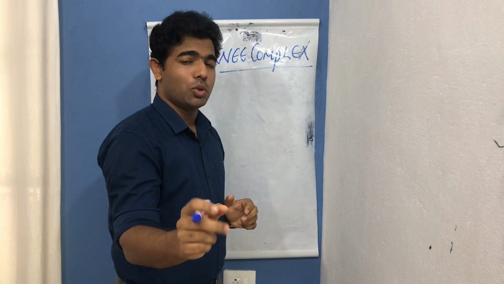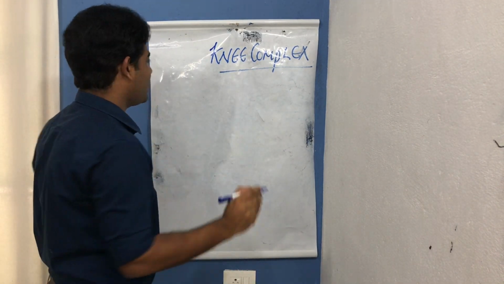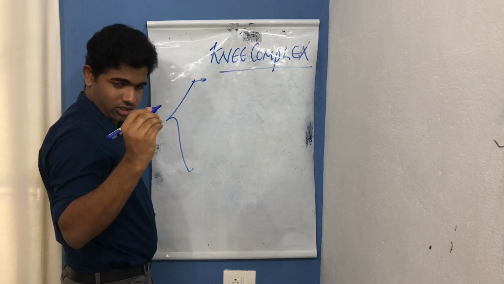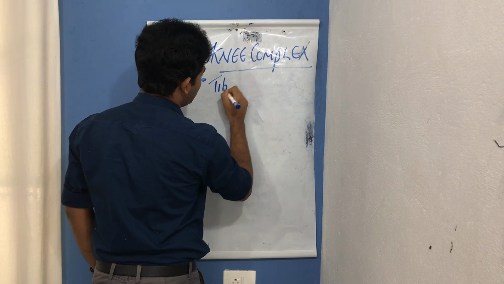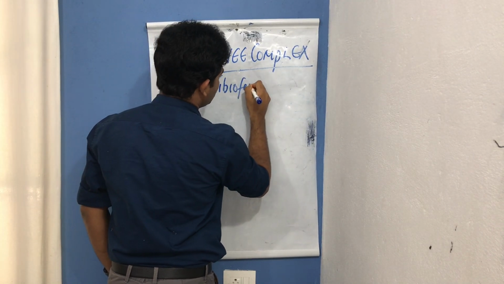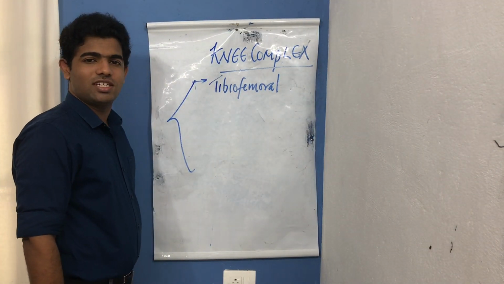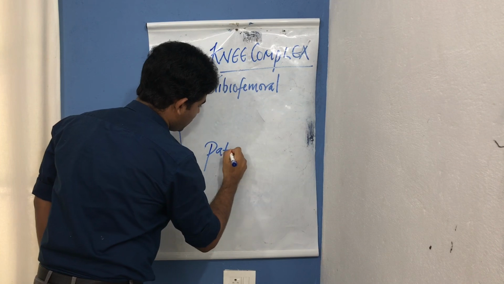Now we are going straight into the knee complex. The knee complex in turn is made up of two joints. The first one, which is quite known to us, is the tibiofemoral joint. The second one is the patellofemoral joint.